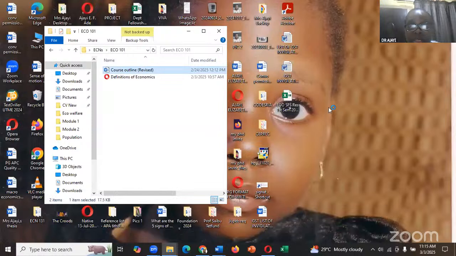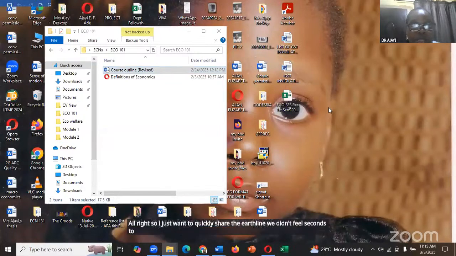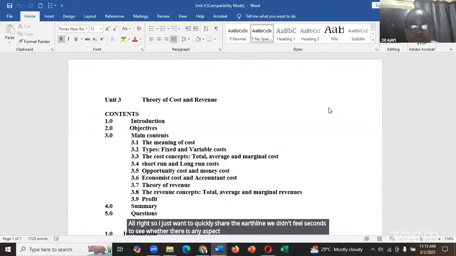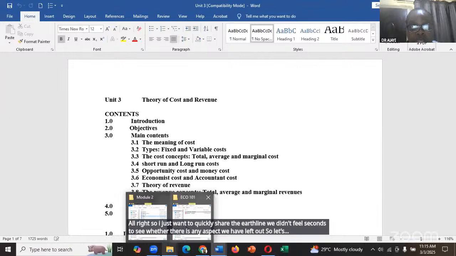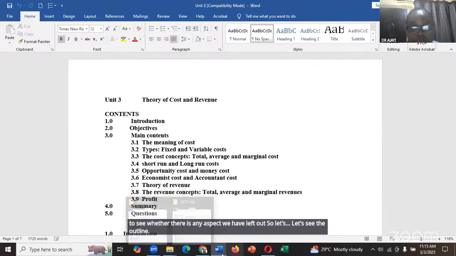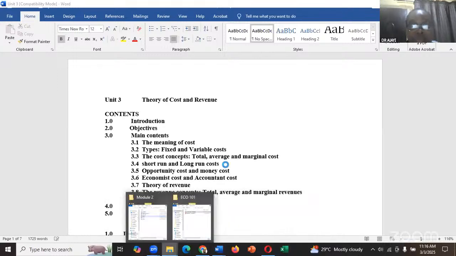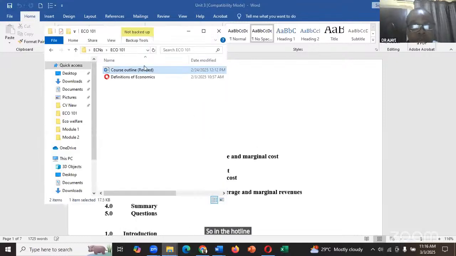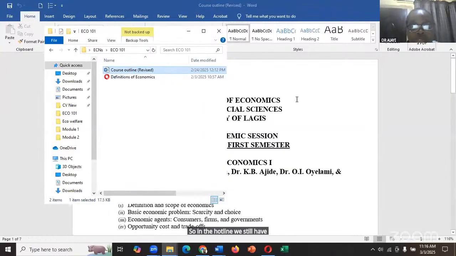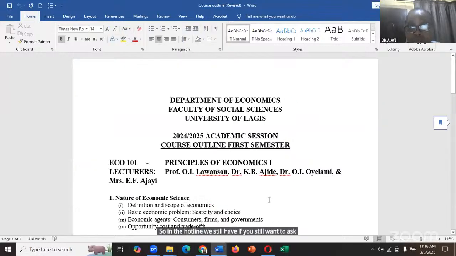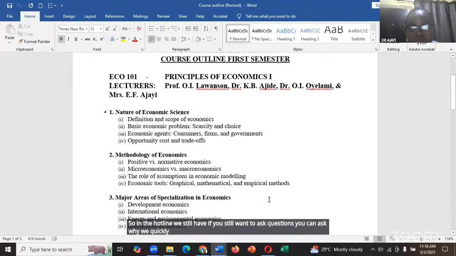All right. I just want to quickly share the outline within a few seconds to see whether there is any aspect we have left out. Let's see the outline. If you still want to ask a question, you can ask while we quickly look through the outline.